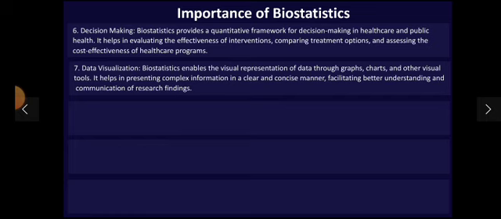Now, biostatistics is important in decision making because it provides a quantitative framework for decision making in healthcare. In healthcare, you don't just rush and begin to make decisions. No, you must have data that you have analyzed before you make a decision. For instance, even in AE a time came, they called a meeting of all academics, and what they were discussing was dress code. So somebody made a statement.